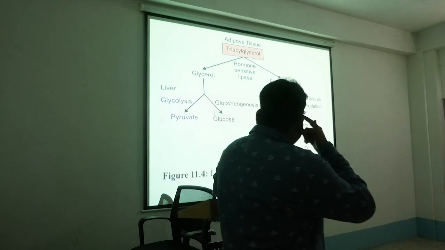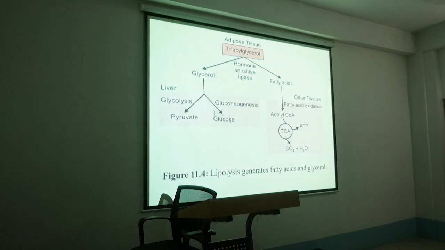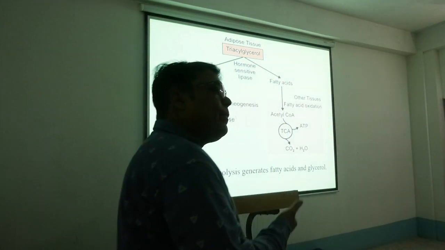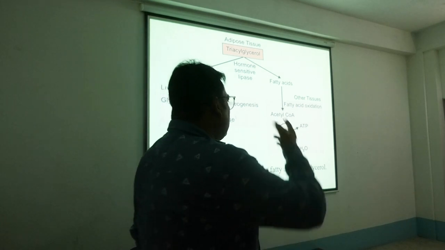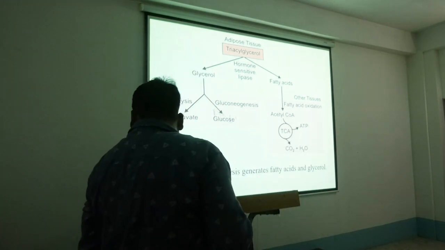Okay, all these are substrates of gluconeogenesis. And these fatty acids go for fatty acid oxidation for production of ATP. So in this fatty acid oxidation, there is beta oxidation of fatty acid.